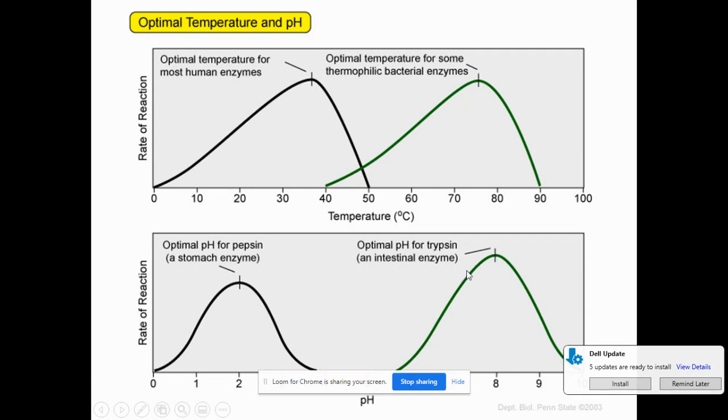All right, now you have another enzyme, trypsin, which works in our intestines. Its optimum pH range is much more neutral to a little basic. It would break down in the low pH of our stomach. All right, so two enzymes working in two different environments have different optimum ranges for pH.